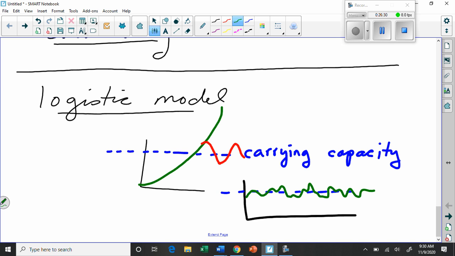Unless, of course, there is some environmental event that causes that to drop. So, for instance, if there was a severe drought, well, severe environmental changes mean that the environment can no longer support that. It changes the carrying capacity of the environment, and we would see this fall.